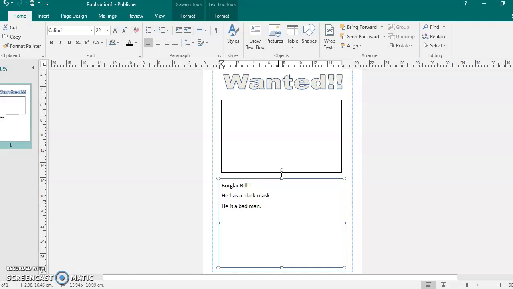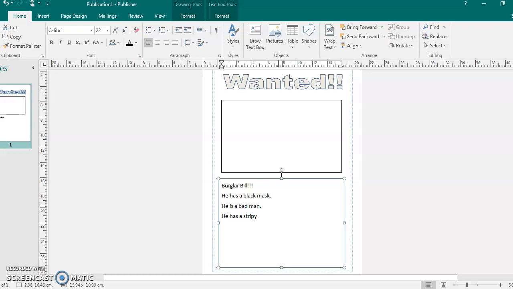I'm going to write, he has a stripy. Now that's a very hard word to sound out, so we just need to try our best. Stripy. He has a stripy.